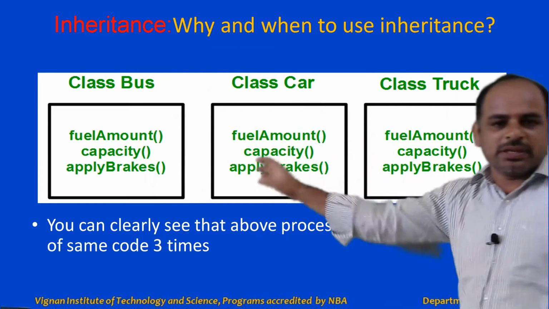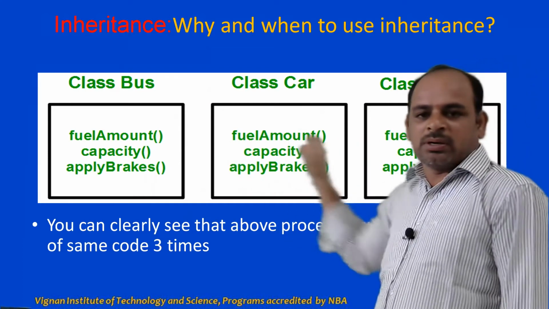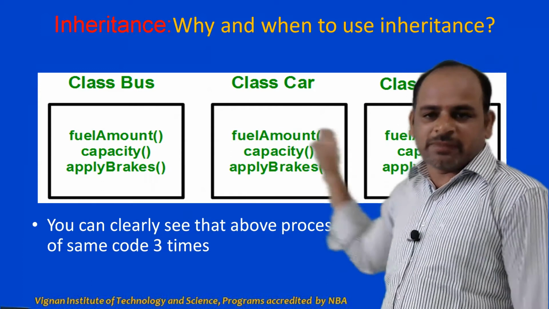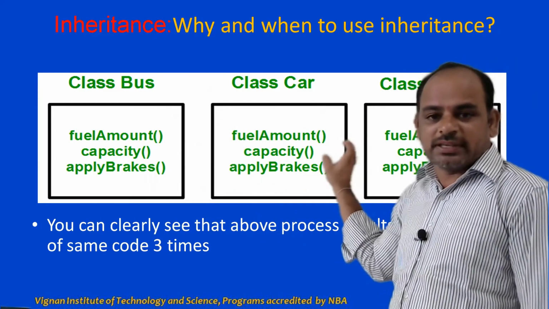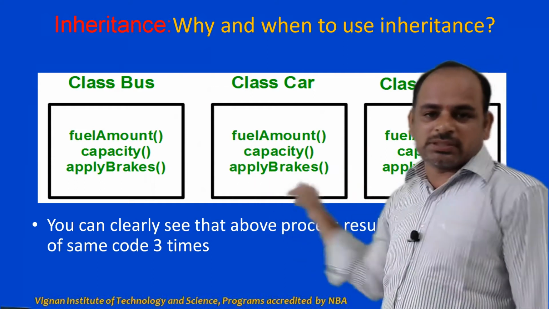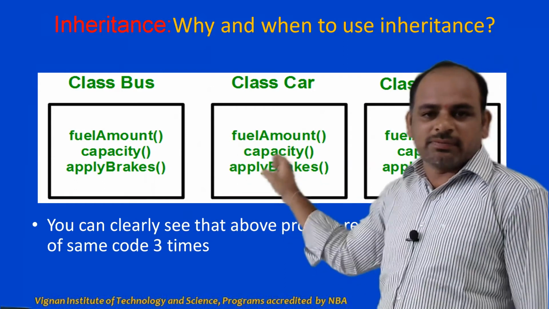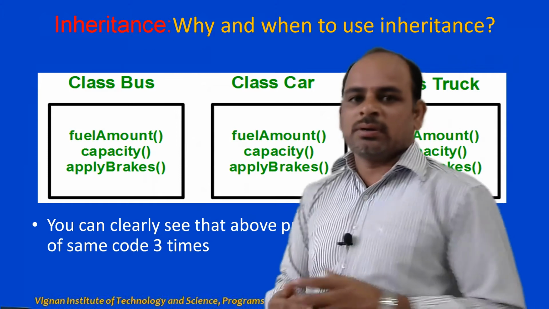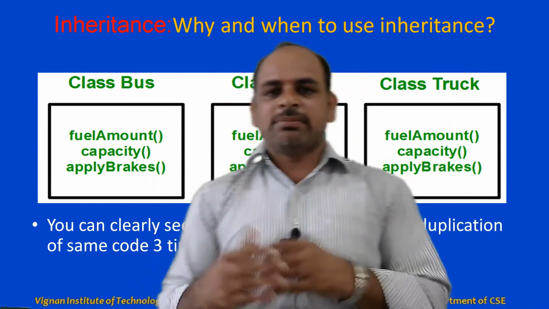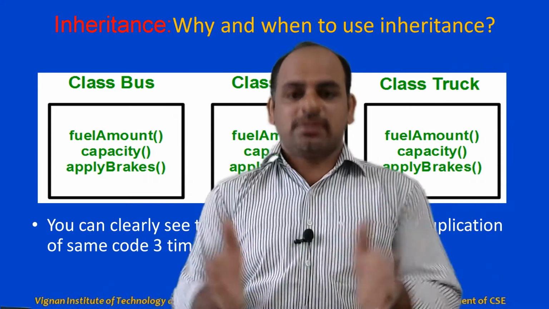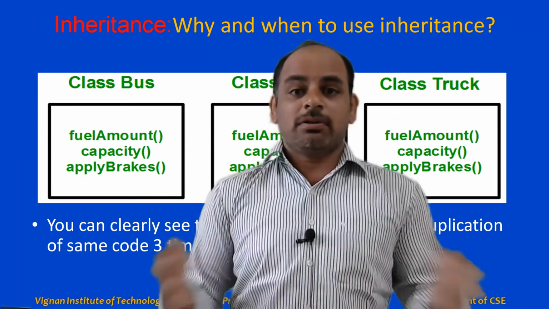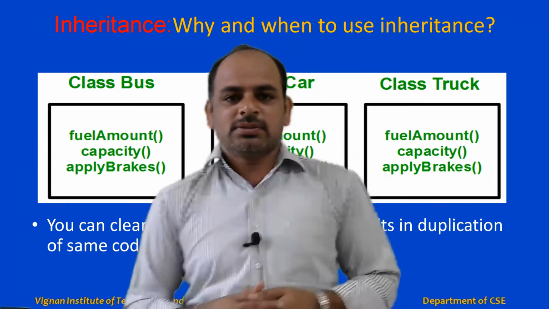So these are three methods which are implemented in three different classes. But the thing is, this is duplication. There is a redundancy. Why do we have to write or implement the same methods in three different classes when their operations are the same?